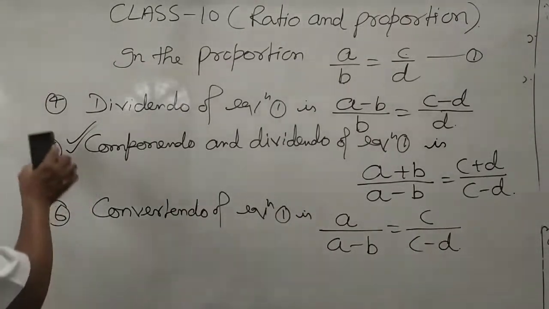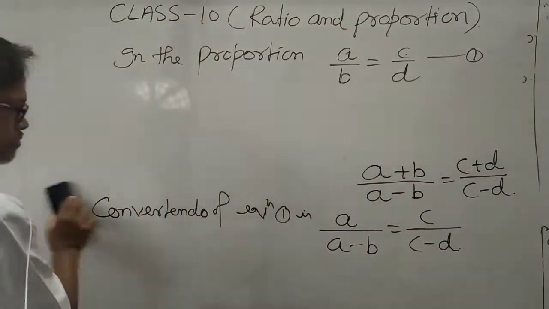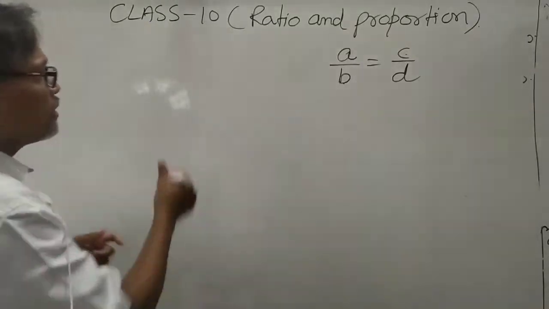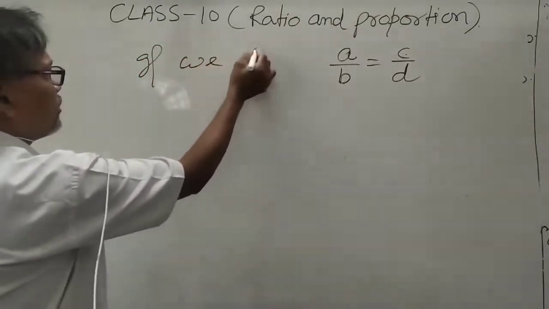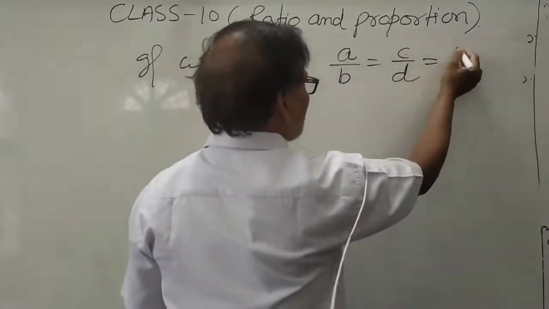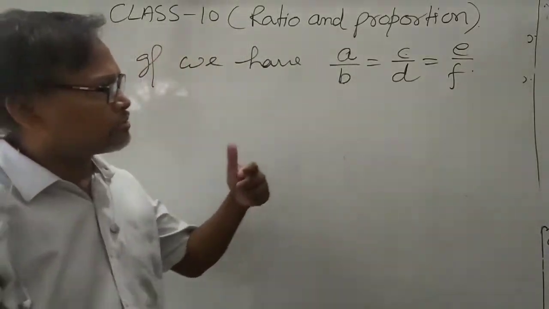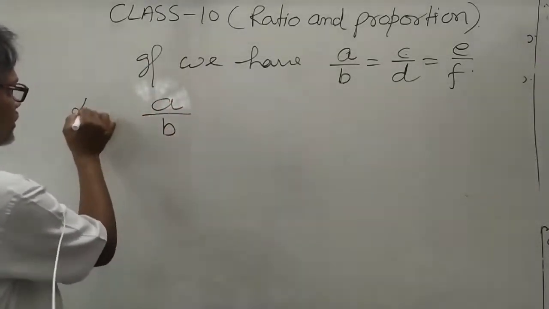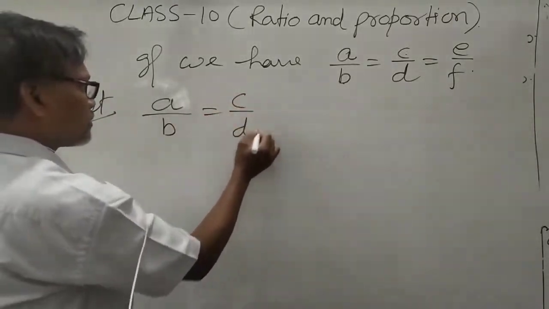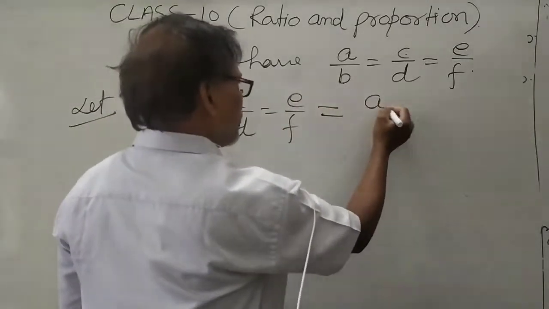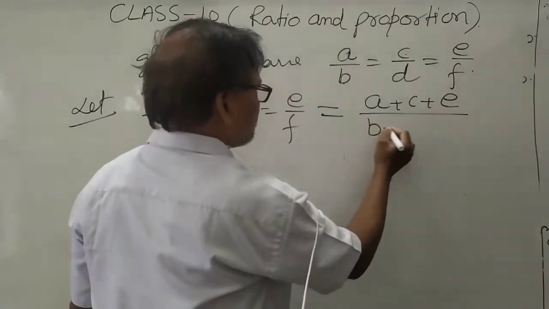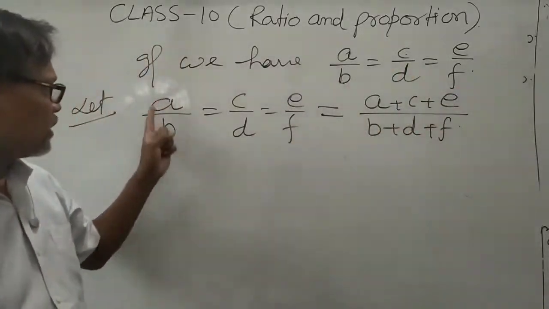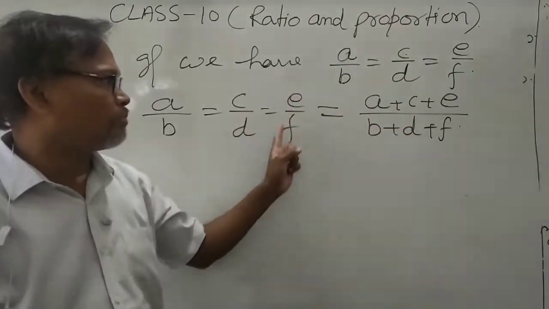Now the last one. If we have A upon B is equal to C upon D is equal to E upon F, 3 ratios are equal, or 4 ratios are equal, in this case using properties each ratio is equal to A plus C plus E upon B plus D plus F. Meaning each ratio, C upon D, E upon F, is equal to this.